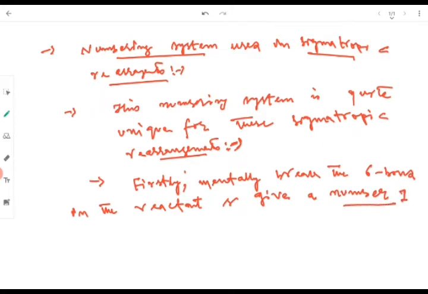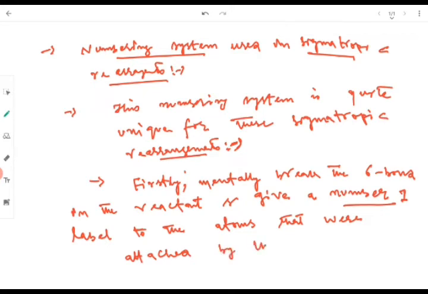Mark my words. Firstly, mentally break the sigma bond in the reactant and give a number 1 label to the atoms that were attached by this sigma bond which you are breaking.